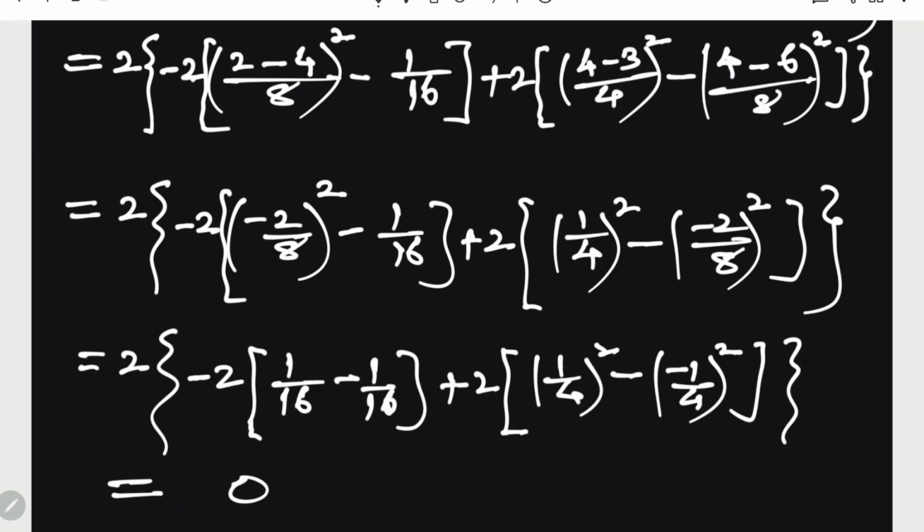Therefore, 0 minus 0 we get 0. The value of a0 is 0. We call this equation number 2.